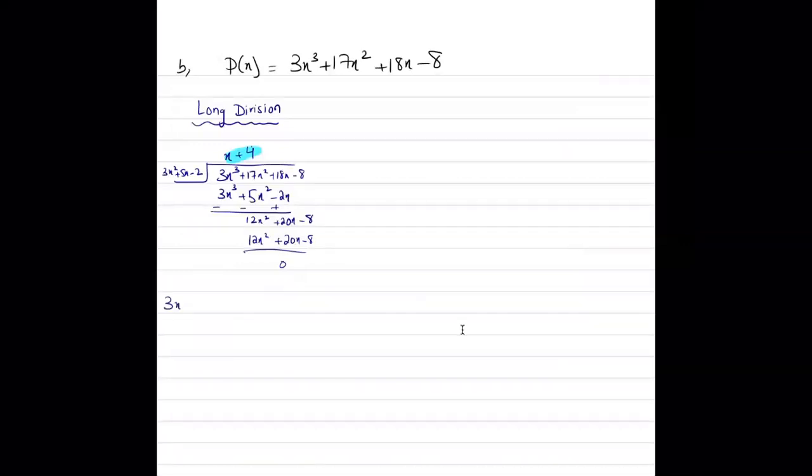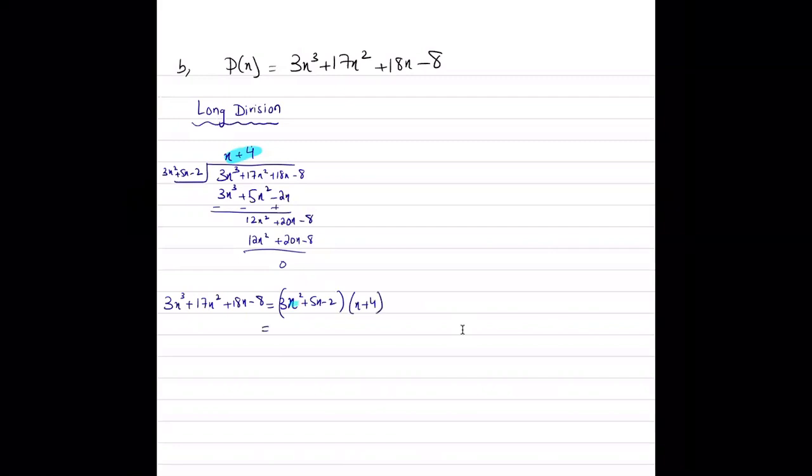Yes, sir. So 3x cubed plus 17x squared plus 18x minus 8 can be written as a product of 3x squared plus 5x minus 2, the divisor or the quadratic factor, times the quotient, that is x plus 4.